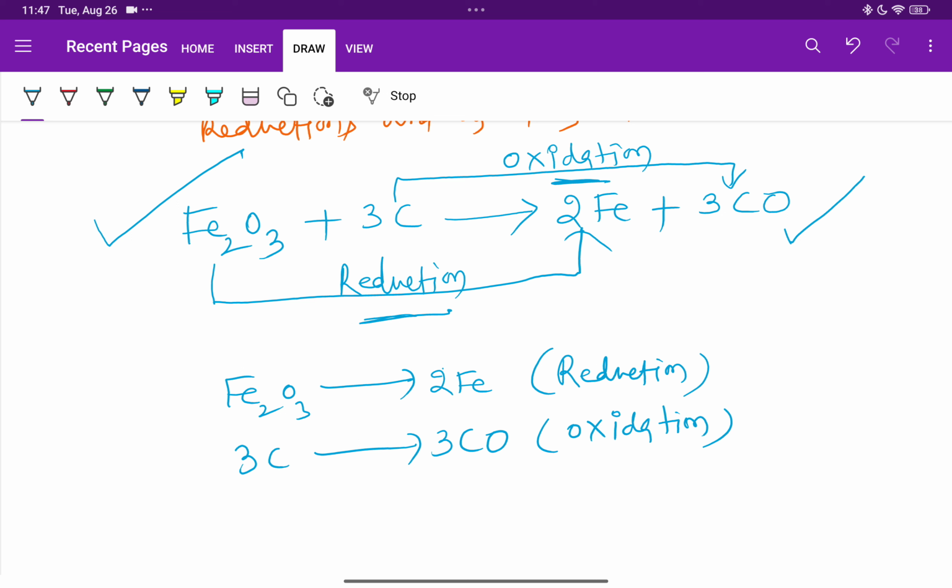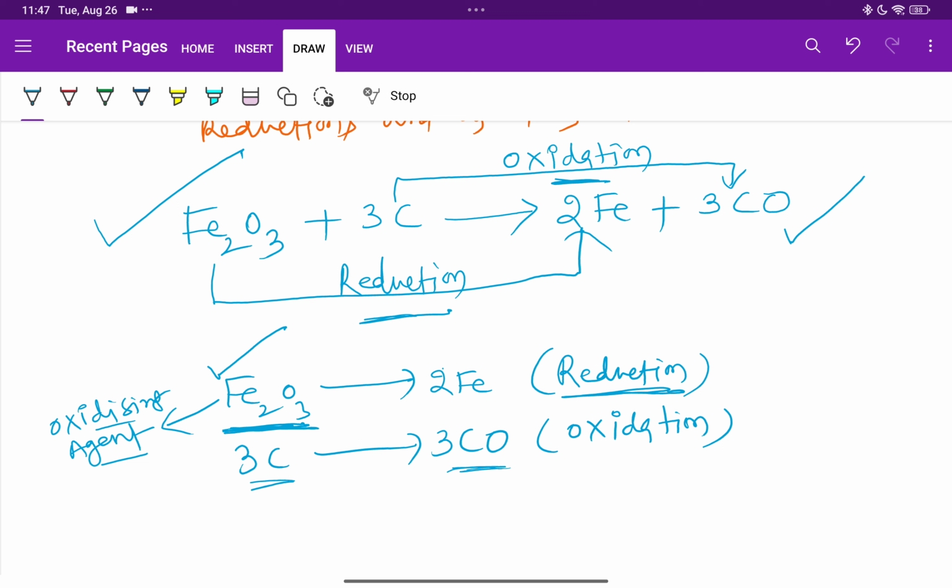So the substance which is involved in reduction, that is ferric oxide or iron oxide, is called the oxidizing agent. The oxidizing agent is nothing but the one involved in reduction. Iron oxide is involved in reduction, so it is the oxidizing agent.